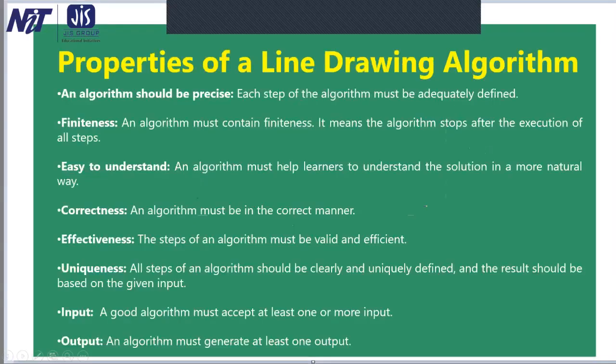So let us study the required properties of any line drawing algorithm. An algorithm should be precise. That means each and every step of the algorithm must be adequately defined. Each step must be self-explanatory and clear.